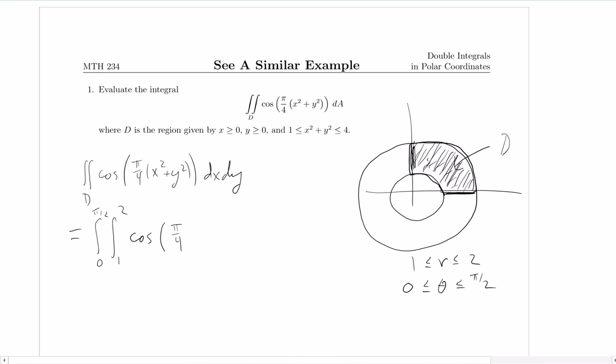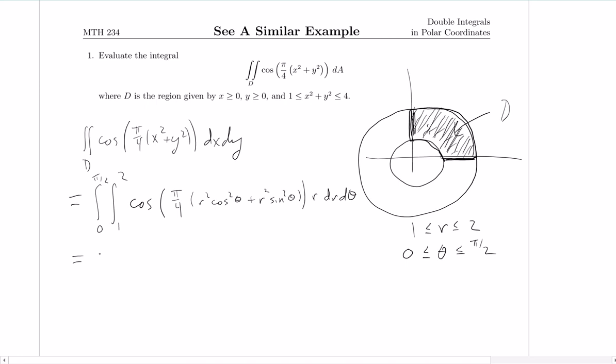Remember, the change to polar coordinates is that x is equal to r cosine theta. So this is r squared cosine squared theta, and y is r sine theta. So r squared sine squared theta. And remember, dx dy becomes r dr d theta. We get an extra factor of r in the differential.